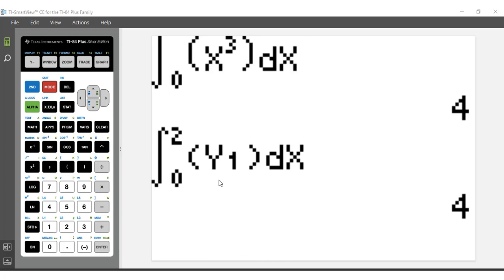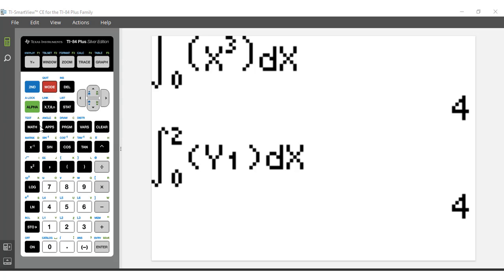So can we say that definite integral means area? This statement is not accurate enough, because when we're talking about area, meaning measurement of area, that is always positive.